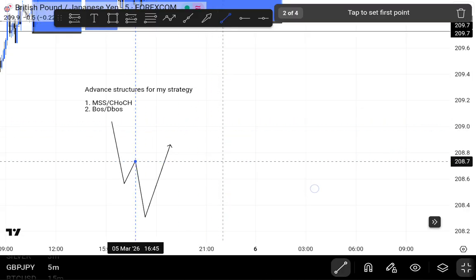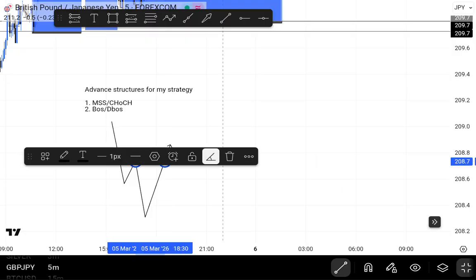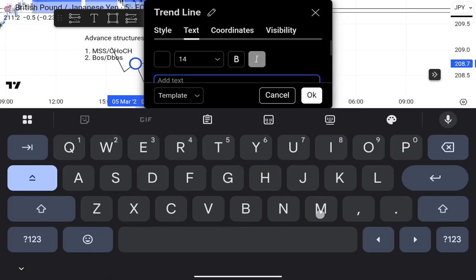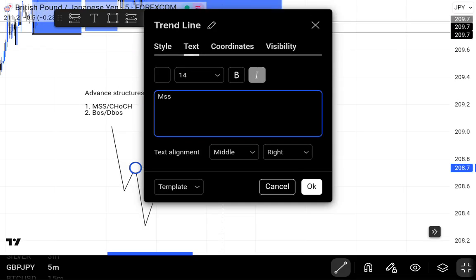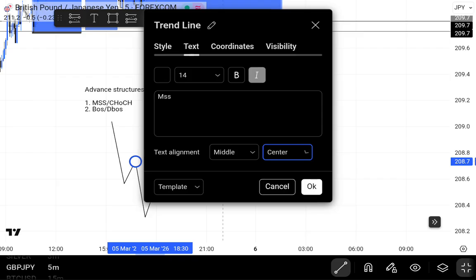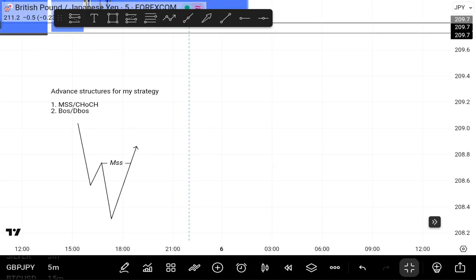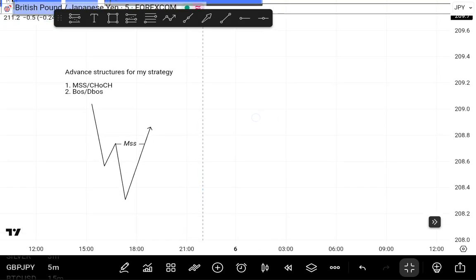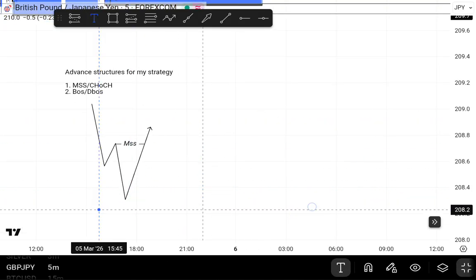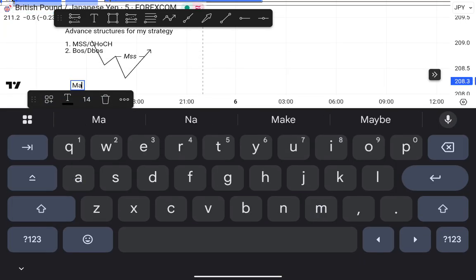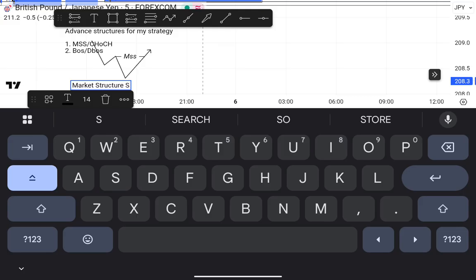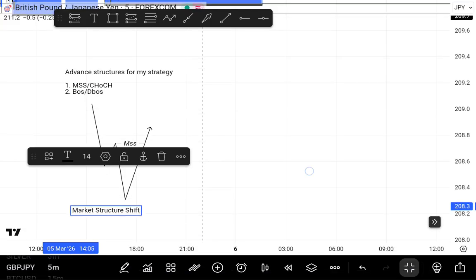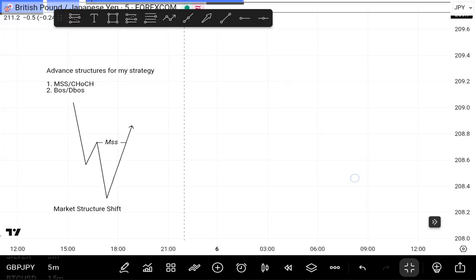Here is the market structure: market structure shift.